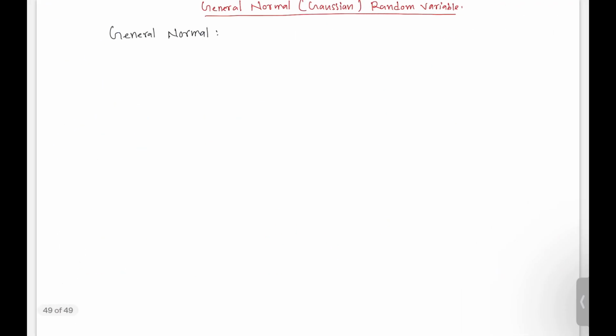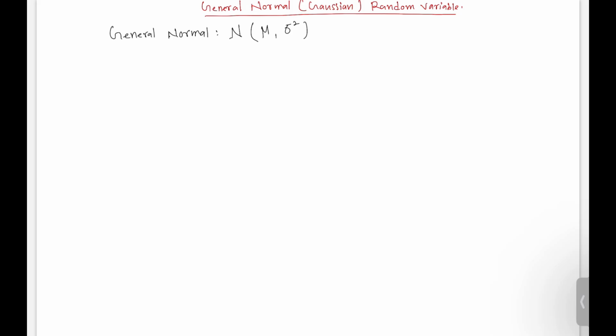It will have some mean and any general variance. In shorthand notation, N stands for the normal random variable, and it will have the expectation or mean mu and some variance, that is sigma square.